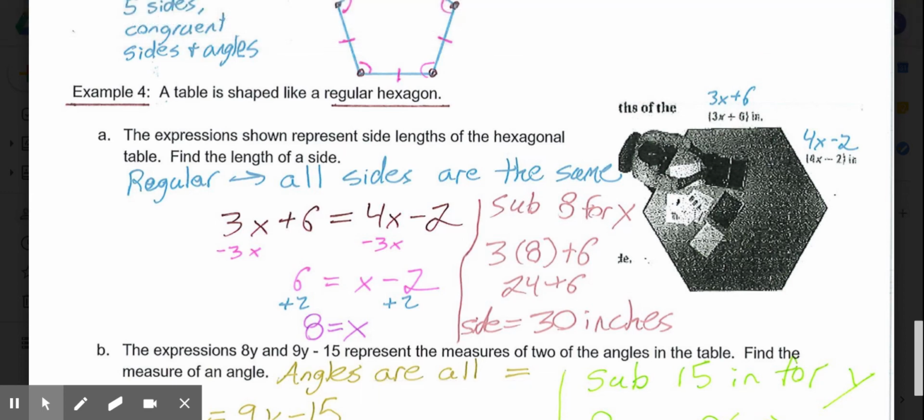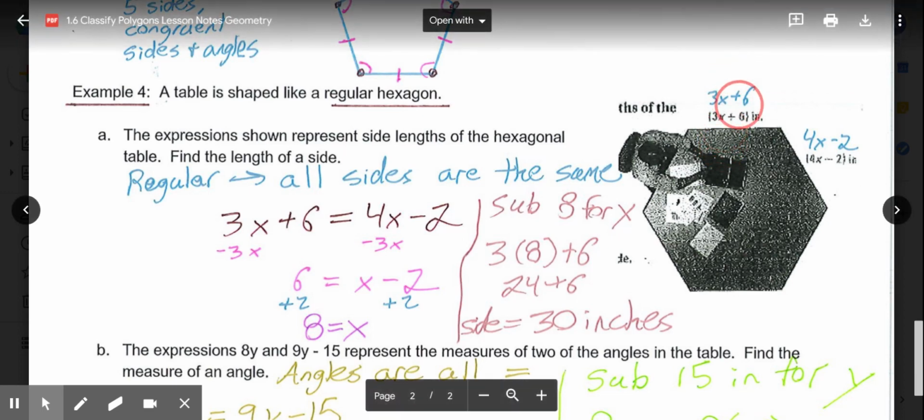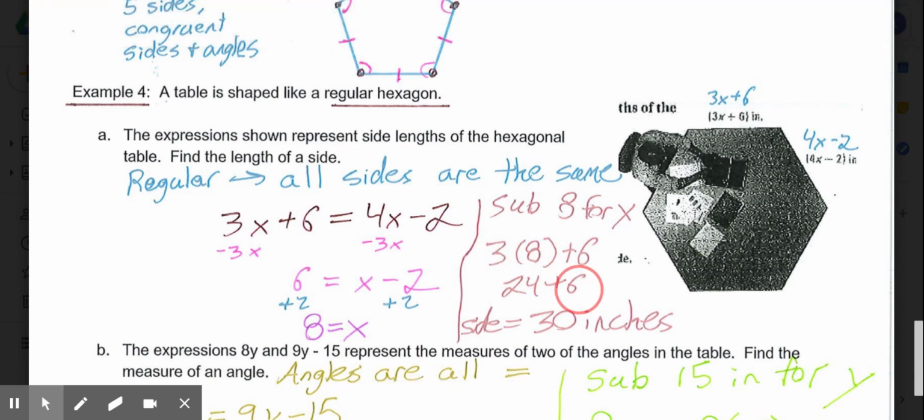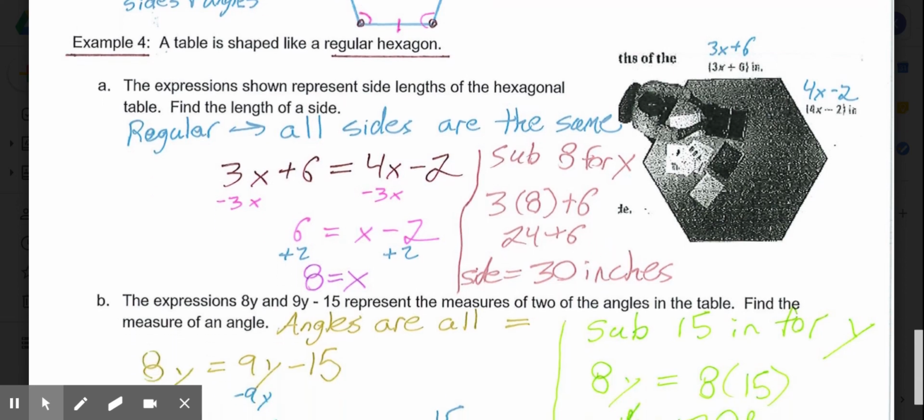But they want to know how long a side is, not the measurement of x. So we take this x, and we can substitute it into either of these expressions. I substituted it into the top one, 3 times x plus 6. 3 times 8 plus 6 is 24 plus 6, which tells me each side is 30 inches.